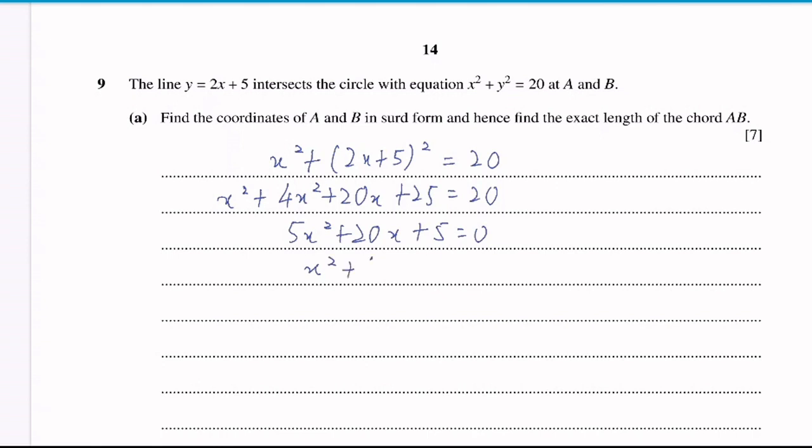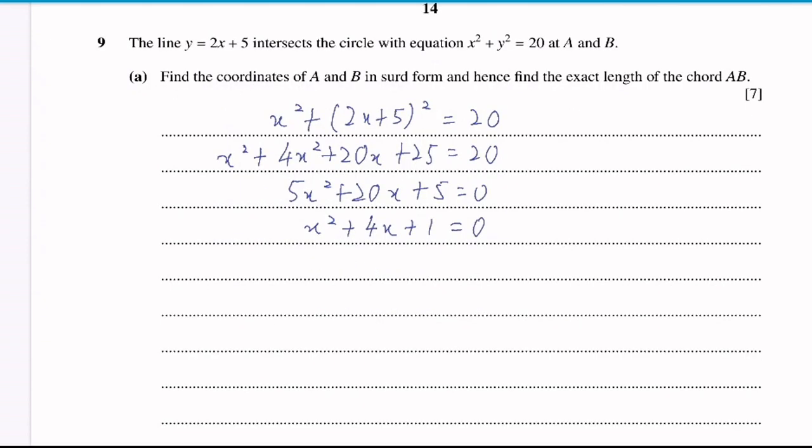X squared plus 4x plus 1 equals 0. Okay, so what we have for this is that we have to complete the square a little bit. Okay, yeah, I thought it was a complex root. So the x here is negative 2 plus or minus root 3.